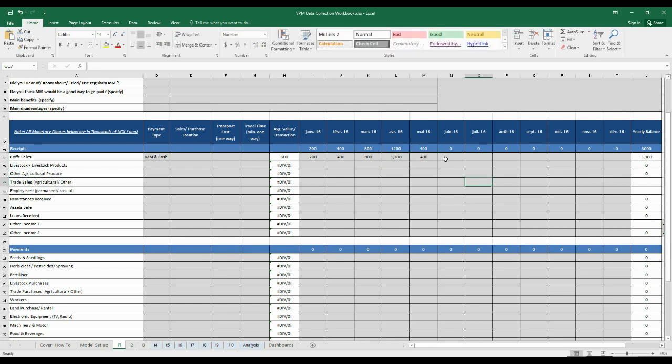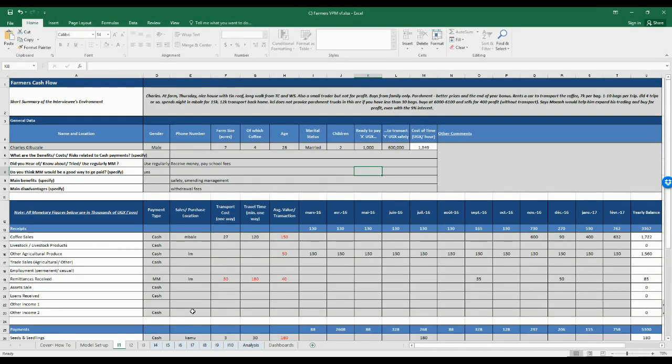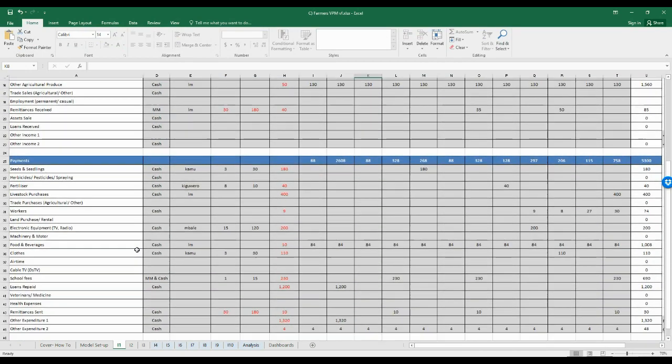So the yearly balance, assuming they wouldn't sell more coffee in June and for the rest of the year, is 3,000. Then it's just a matter of completing this for every single category. And if we look at the data we collected, this is what it would look like in the end with everything filled.